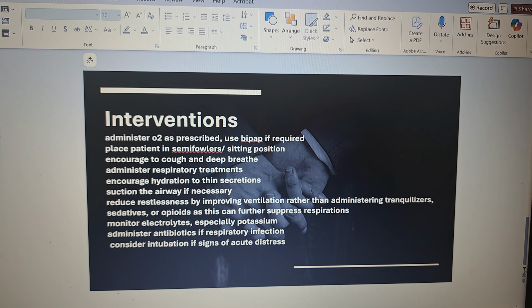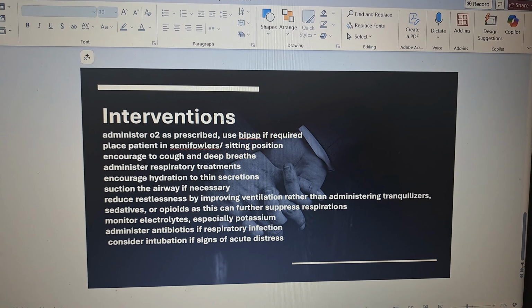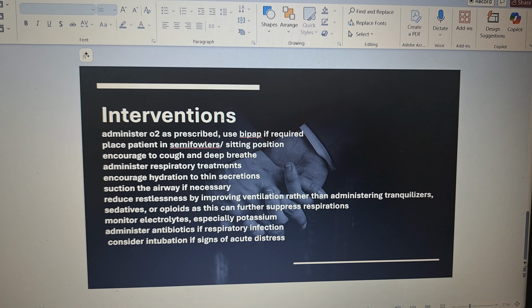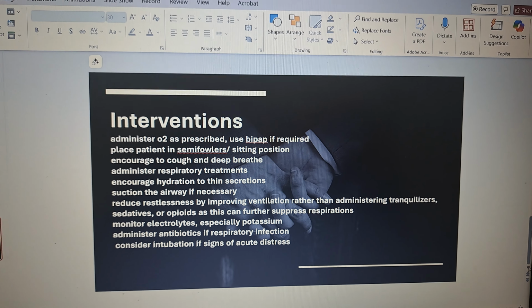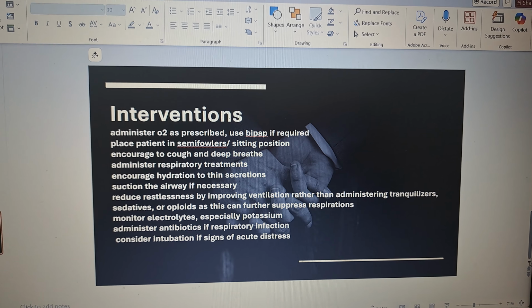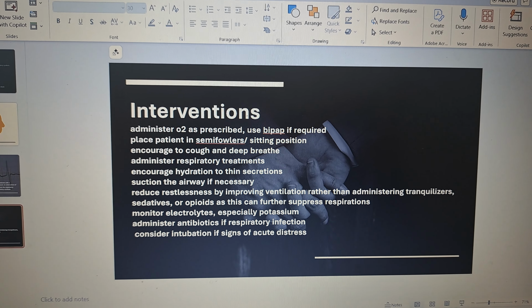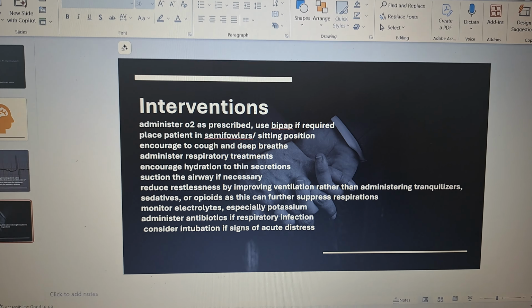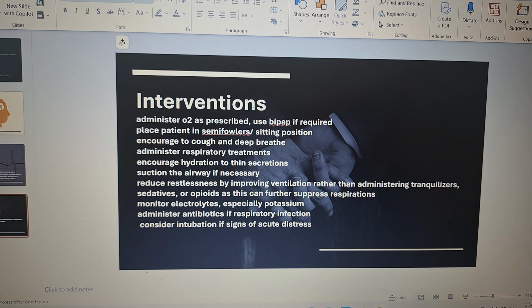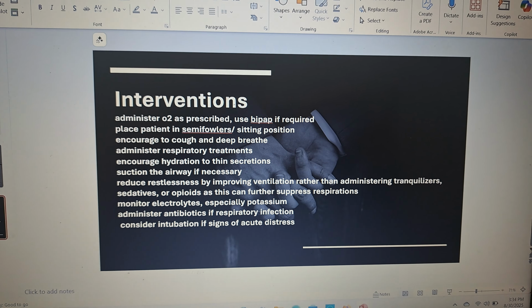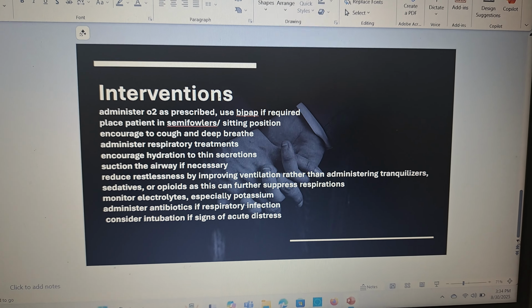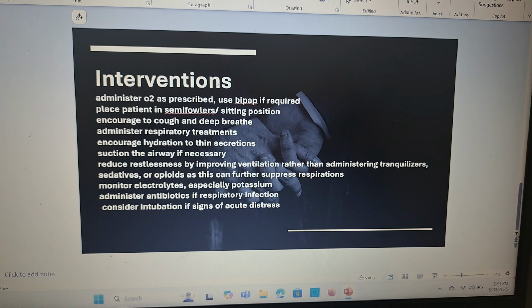You can also encourage hydration, if not contraindicated, to thin the secretions, which will facilitate the removal of secretions.